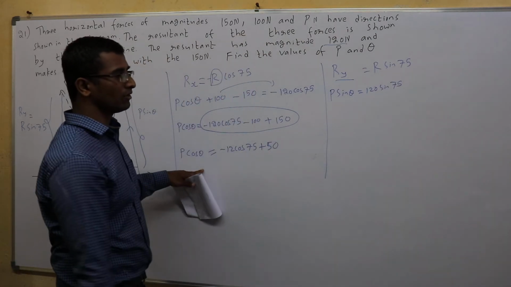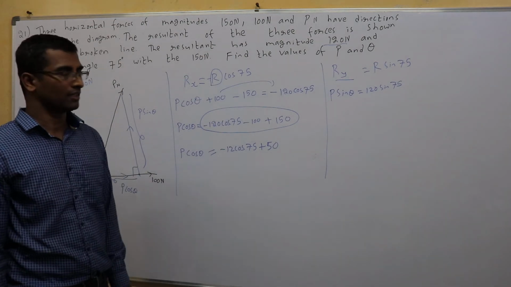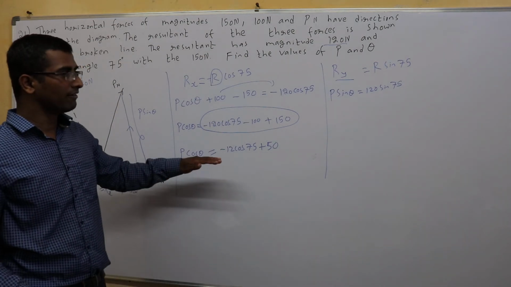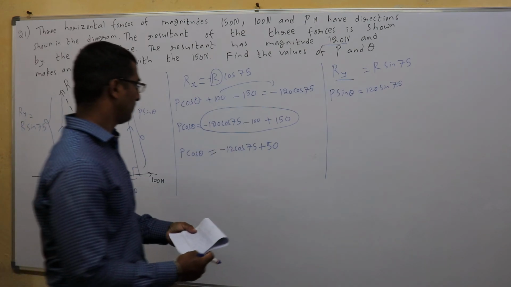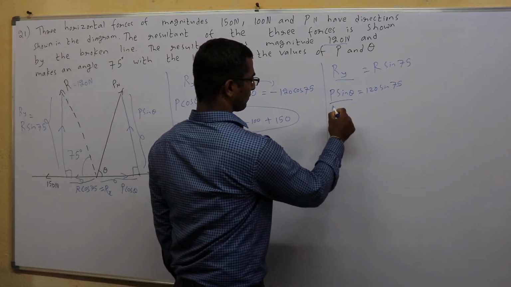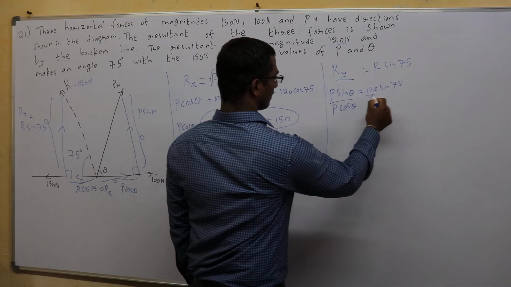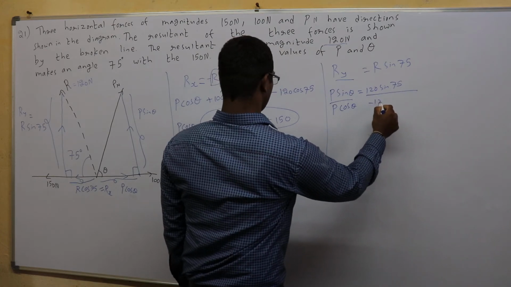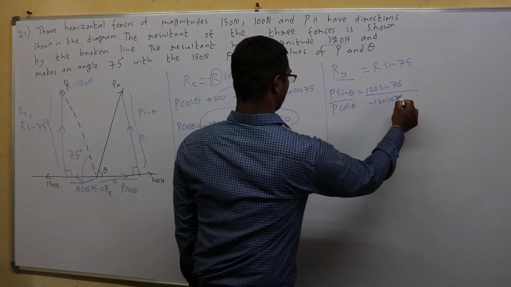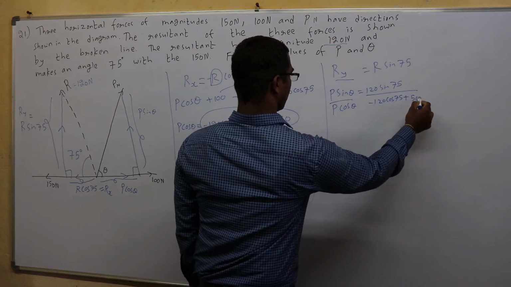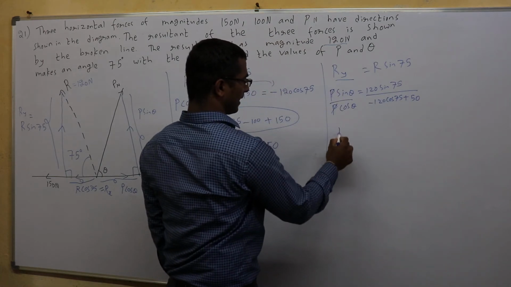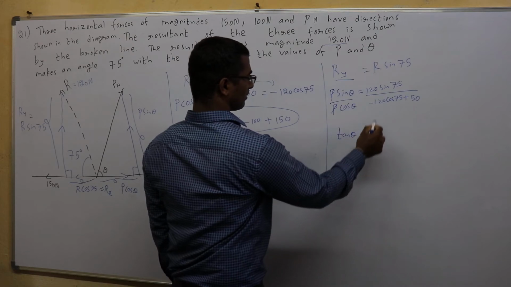Using these two, I need to find theta and P. To do that, I divide both. So P sin theta by P cos theta equals 120 sin 75 divided by minus 120 cos 75 plus 50. P and P will get cancelled, and I get tan theta.